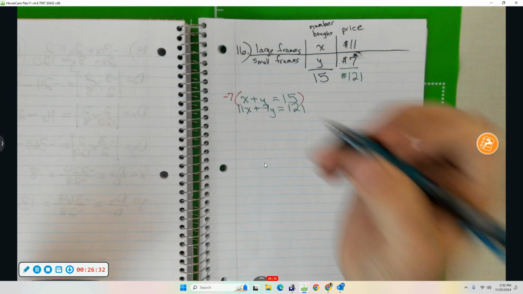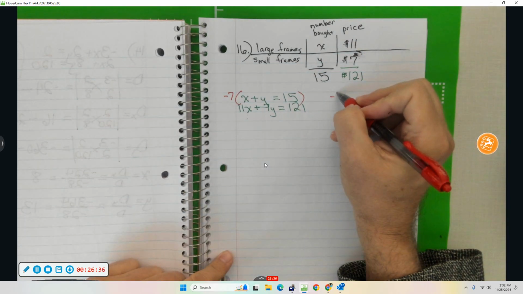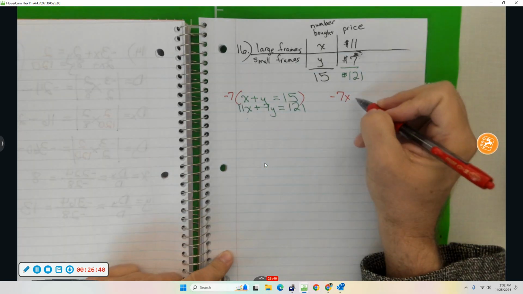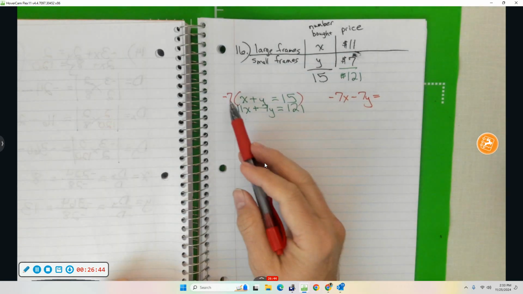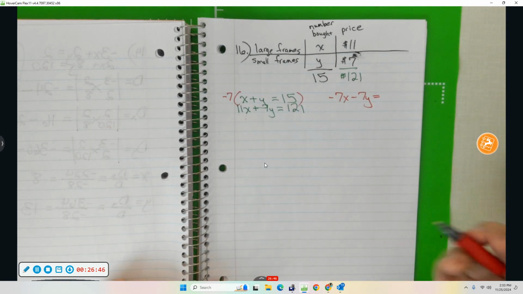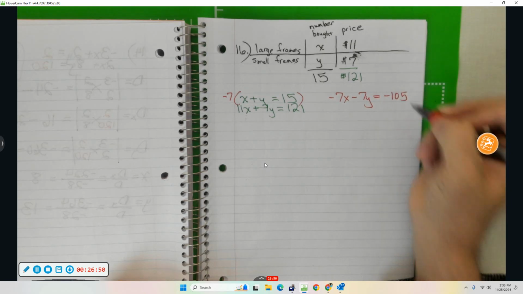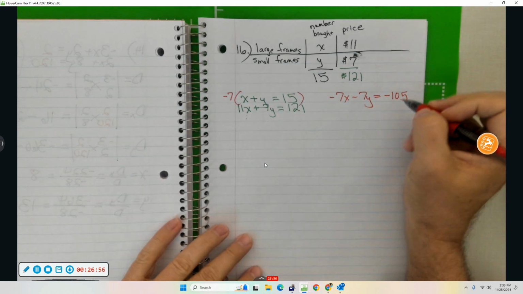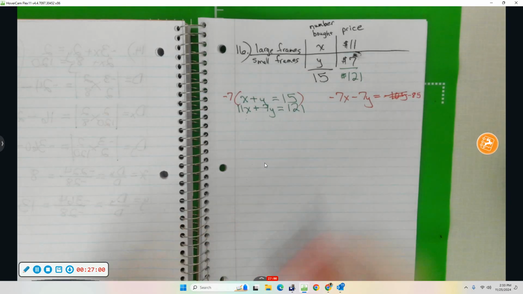That'll give me the new equation: negative 7x, and then negative 7 times y will be a minus 7y equals negative 7 times 15. Is that a negative 105? I don't think it's a negative 85, isn't it? It's a negative 85.